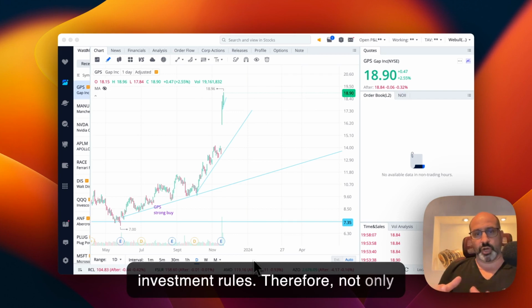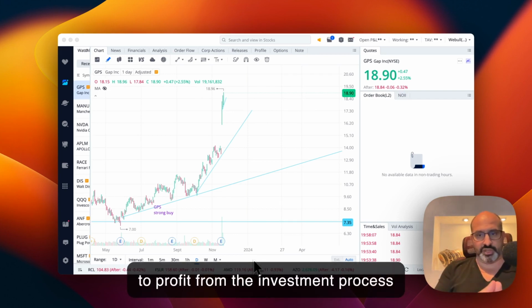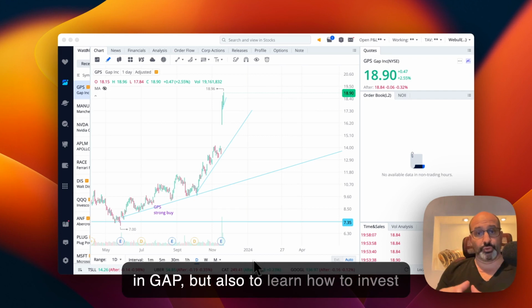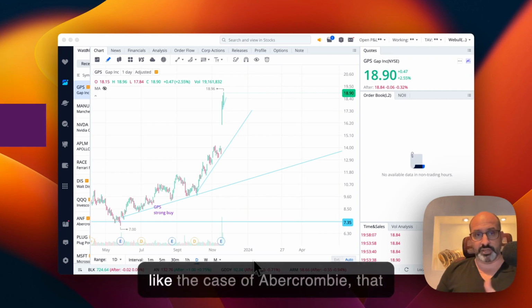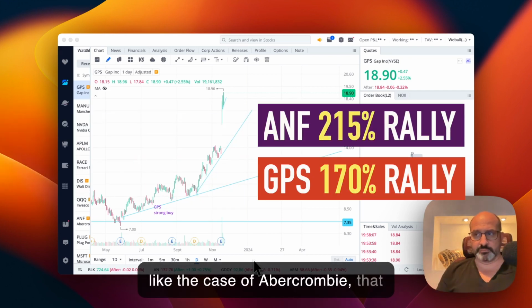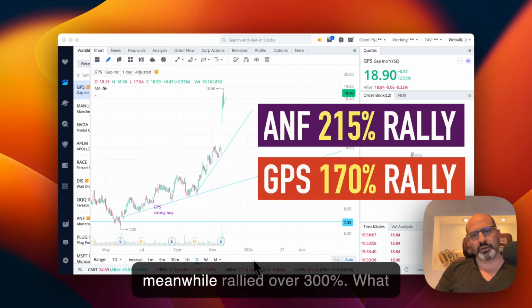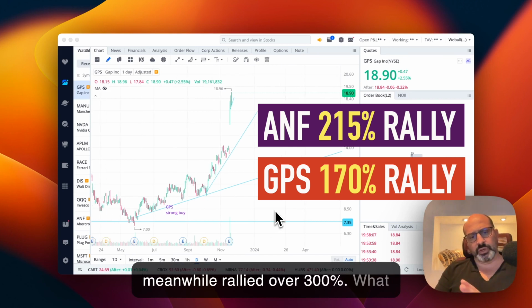Therefore, not only to profit from the investment process in Gap, but also to learn how to invest utilizing Gap together with its peers, like the case of Abercrombie, that meanwhile rallied over 300%.